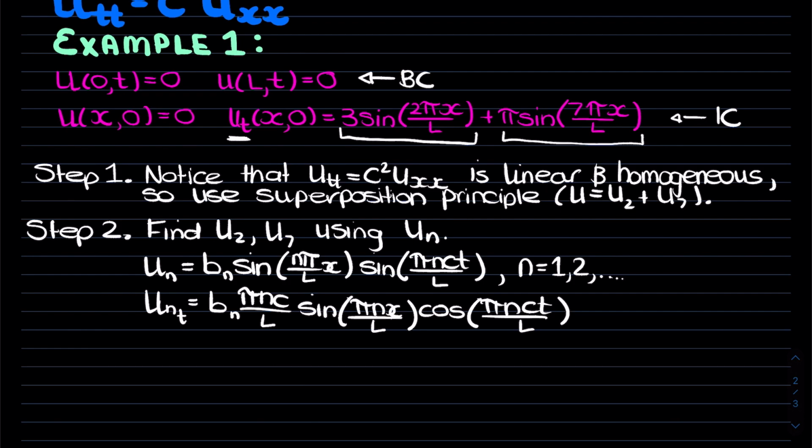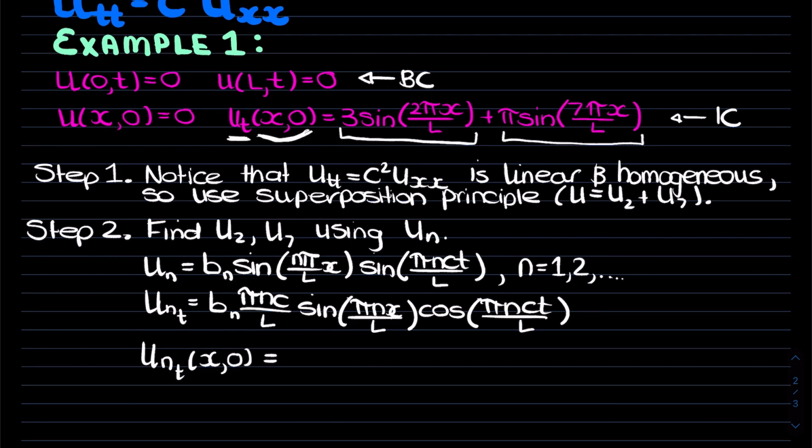Now for our non-homogeneous condition up here, you'll see that it is for t equal to 0. So we'll just take that now and fill in t = 0.